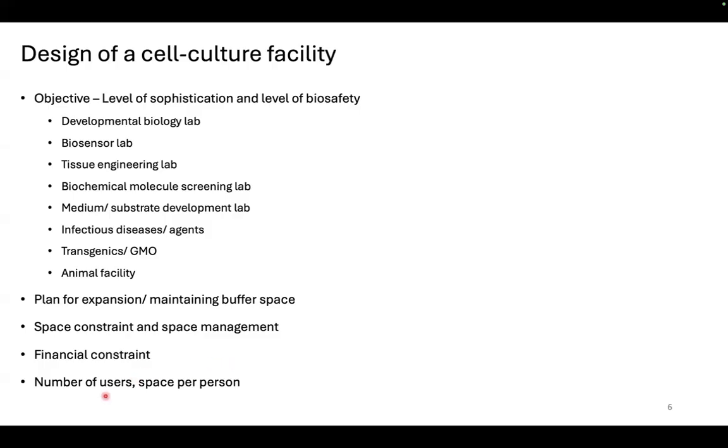Okay. So of course, how many users are there? Again, what do you envision the capacity now, later? And you have to have space per person. You cannot have 10 people when as per rule, you should only have 4 people in that space. So typically, what sort of a space we're looking at is a 4 by 2, 4 feet by 2 feet space.